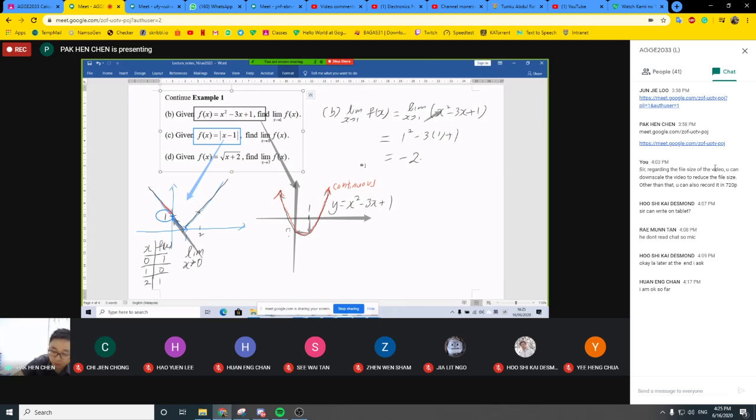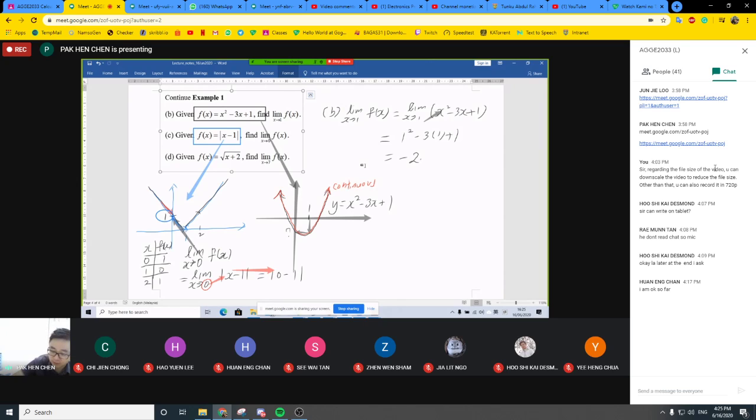However, we do not actually need to write it down. I just want to show you the concept that as long as it's a continuous function, we can do it by just substituting that x approach value into the function. Then we get this.